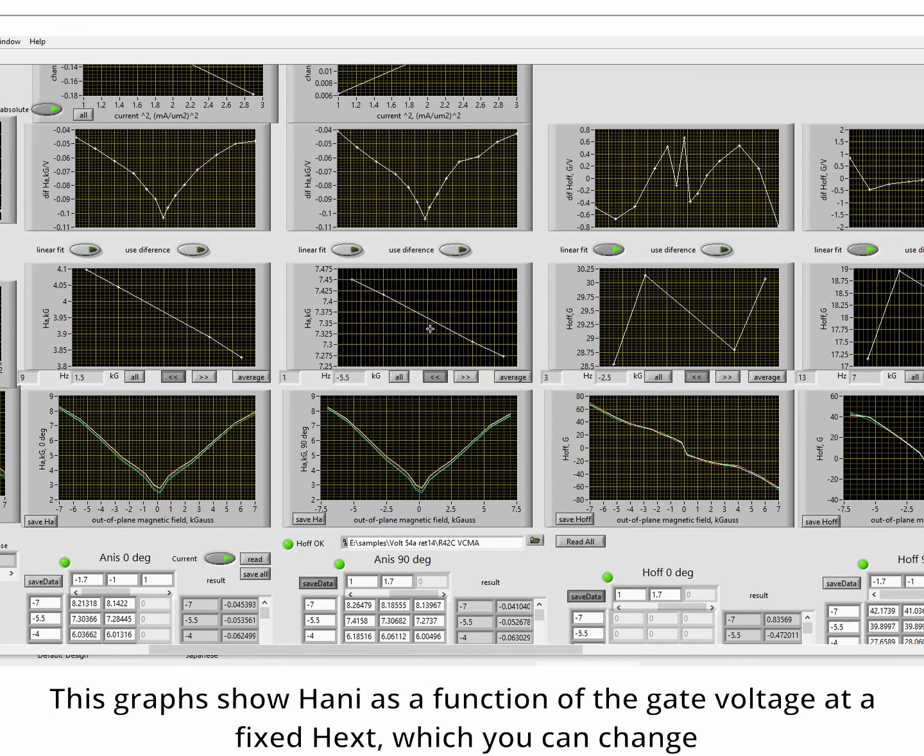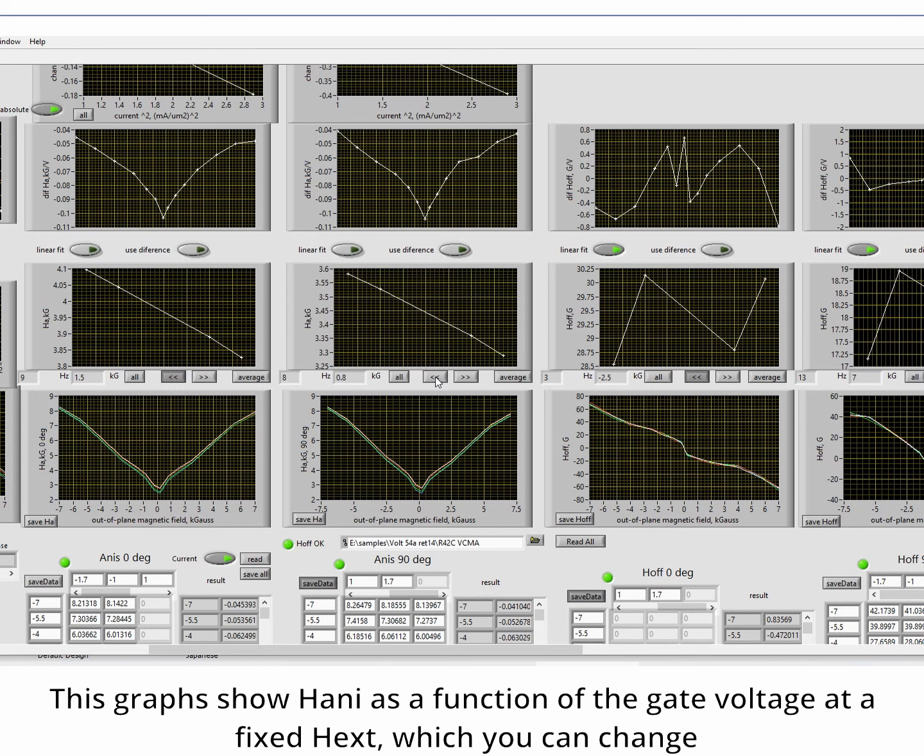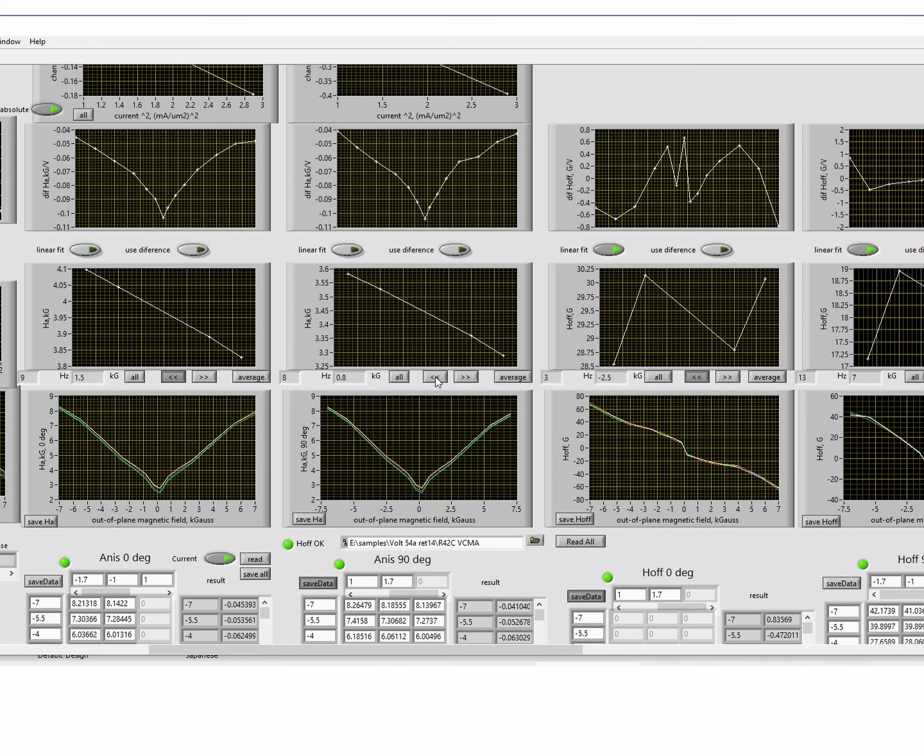This graph shows the anisotropy field as a function of gate voltage at fixed external magnetic field, which you can change here.